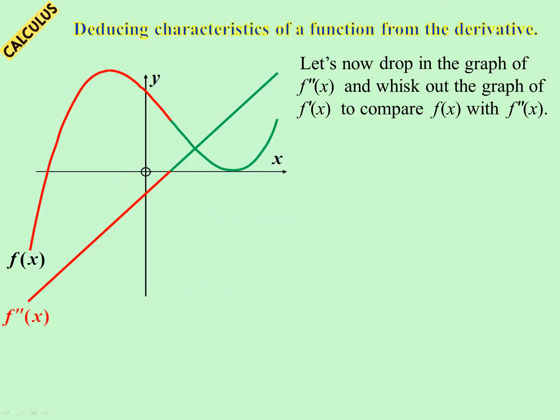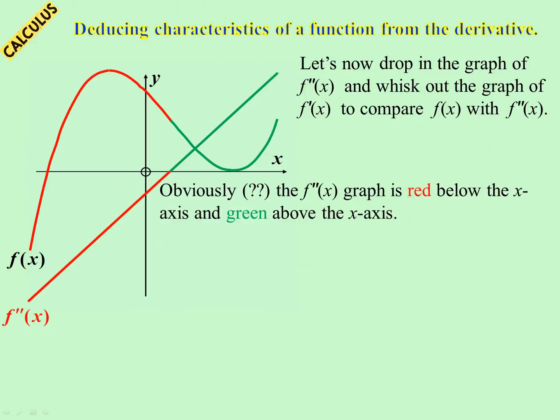Now let's have a look at the second derivative and the function. First of all, why have I drawn red and green there? Quite simply, below, above the axis. Now have a look at this correspondingly drawn there. What do you know about that red compared to that green?